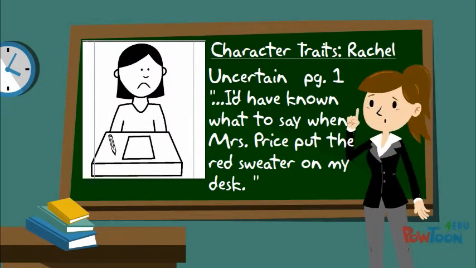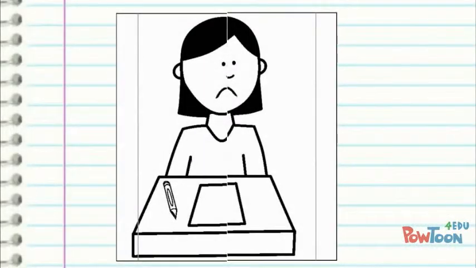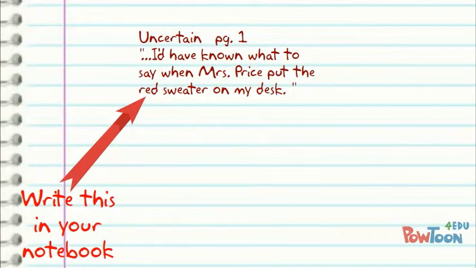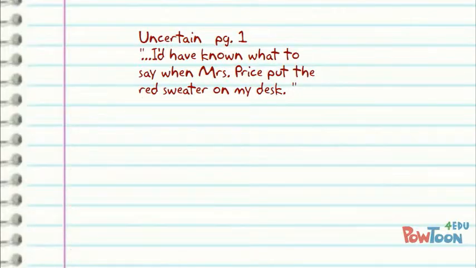That's a character trait I can use to describe Rachel. In your notebook, go ahead and write down my example of a character trait for Rachel. Then, read the story "Eleven" and find your own example of a character trait for Rachel. Make sure that you write down the character trait and the text evidence.